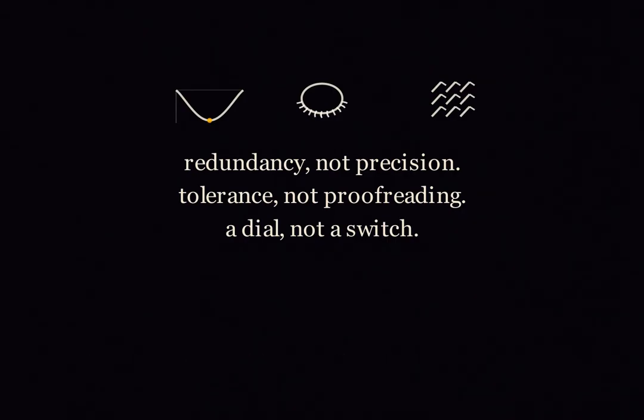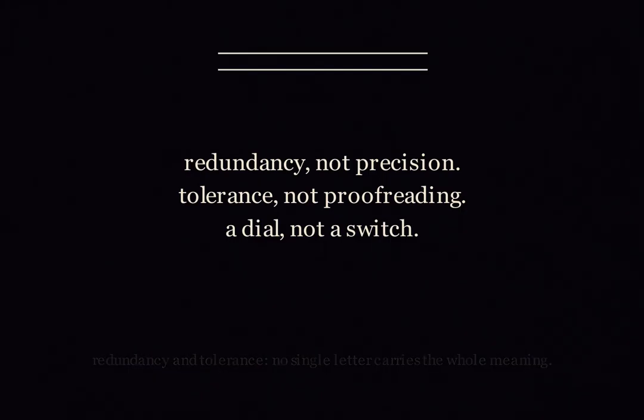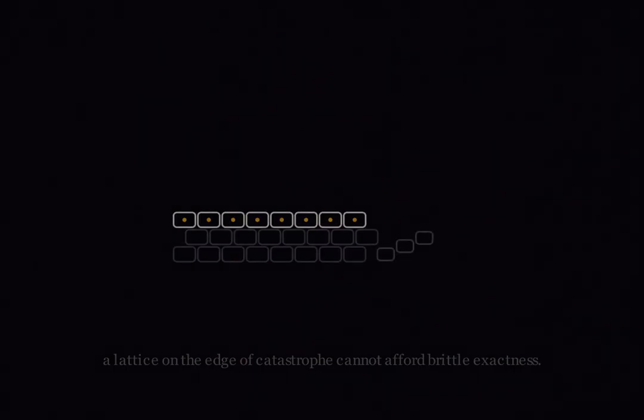Three experiments, three laboratories, three different marks, one shape. And the shape has a name already given. Redundancy and tolerance, the properties a signal has when no single letter of it carries the whole meaning. And the shape explains itself.